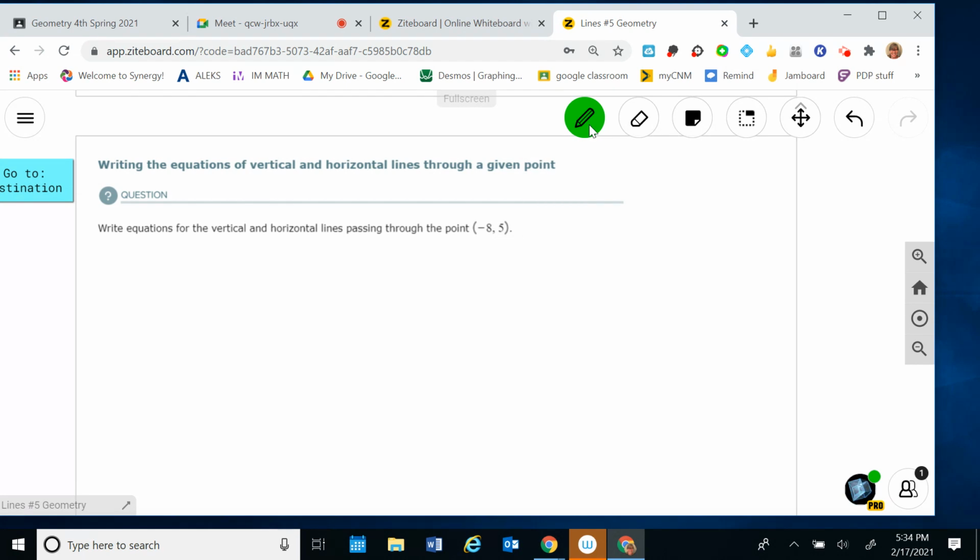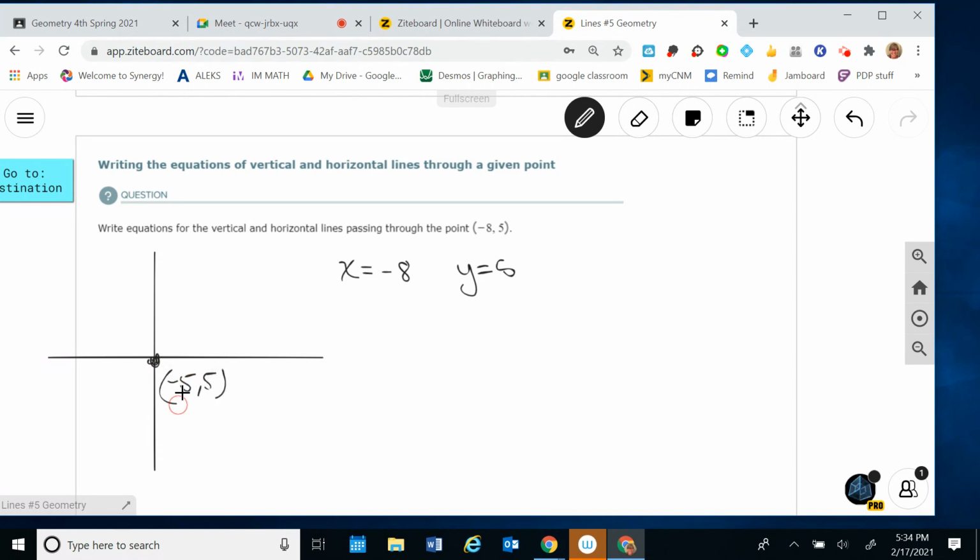For this one, it's going to be x equals -8 and y equals 5. After you do the first one, it's easy. But again, if you were trying to name it and this were -8, 5, if I were naming points, this is going to be -8, 6, -8, 7, -8, 8.